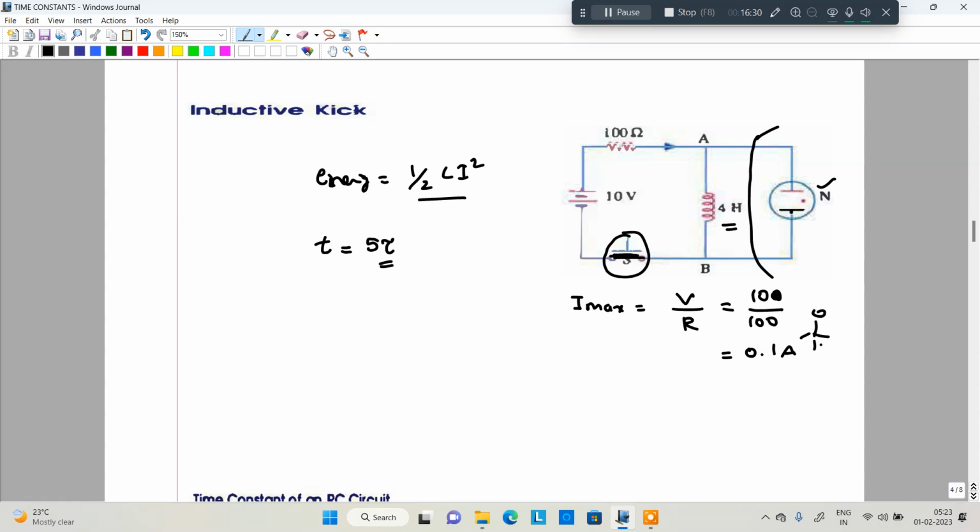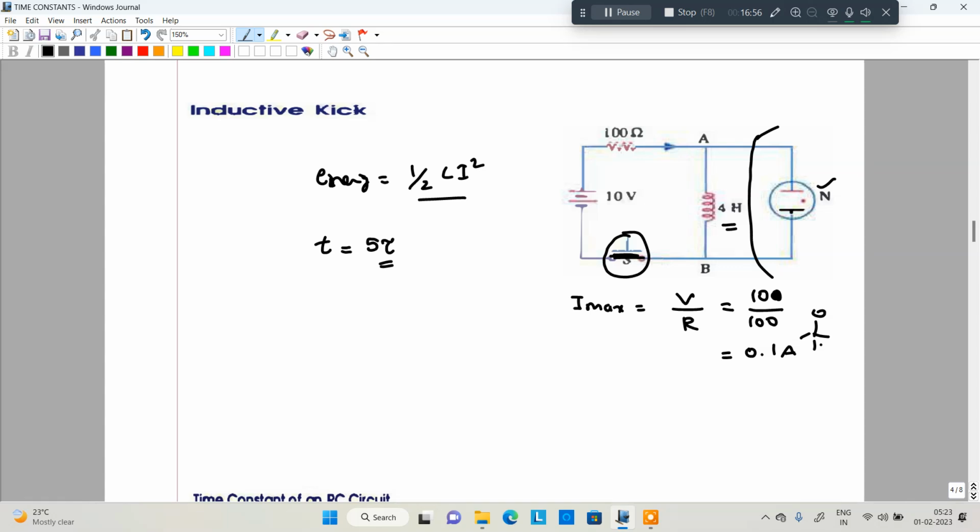That's why, to handle this inductive kick, we short circuit some resistance across the inductor and discharge everything. Then a person can safely work on the inductor or other equipment, like the TV picture tube I gave as an example. That is an inductive kick. So is everyone clear about the inductive kick?